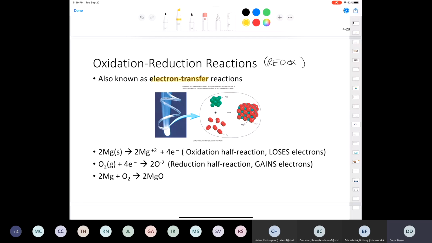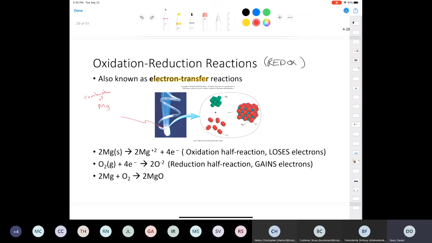And if you look at this reaction that's being shown here, this is magnesium burning, combustion of magnesium. I'm sure that some of you have tried this before. What happens is you take magnesium and you burn it and you combine it with oxygen and you end up with this here, which is magnesium oxide.